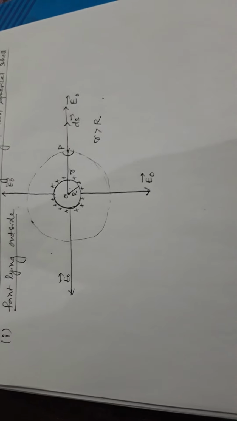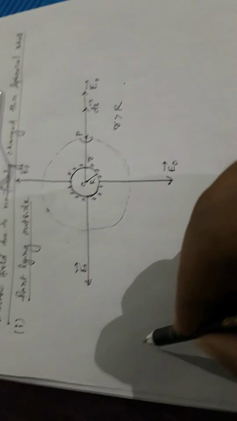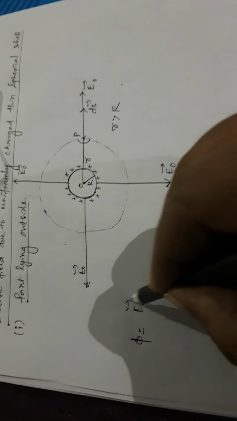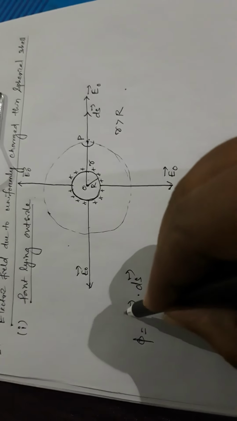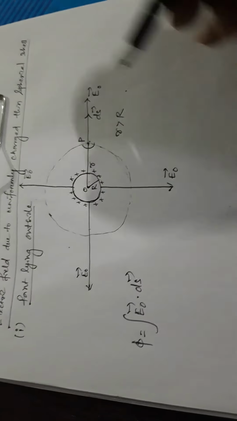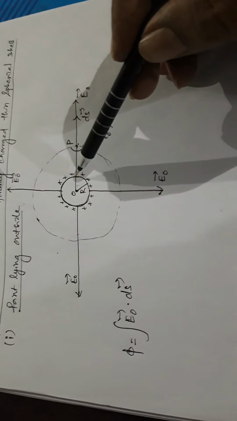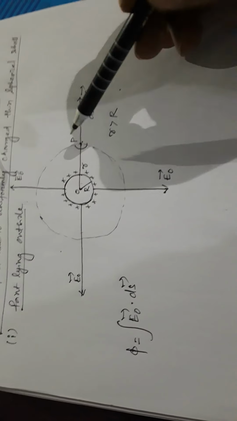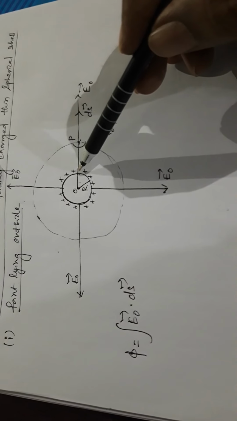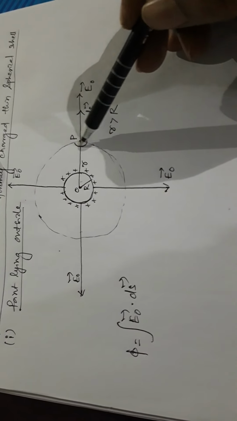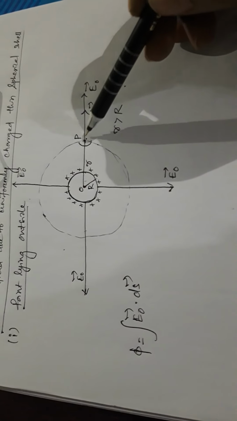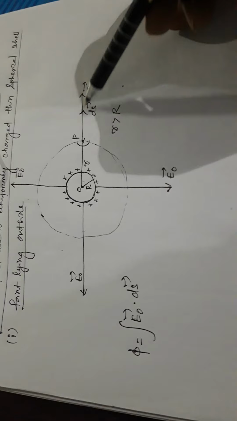Now for the electric flux, phi is equal to integration of EO vector dot ds vector. Why have I written EO vector? Because the point is lying outside. Here you see, as the positive charge is distributed over the surface, the electric field is radially outwards, and you consider an elemental surface ds around your point P, then the ds vector will be like this.